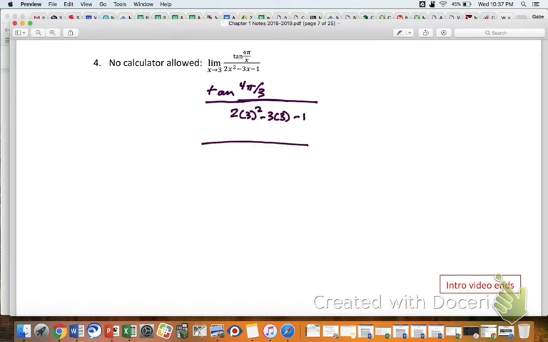Okay, so our denominator is going to be, what, 18 minus 9 minus 1. That's promising. We know that that's not 0, so that's good. And then tangent of 4 pi over 3, again, unit circle time. Tangent of 4 pi over 3 is square root of 3 over 1, so just square root of 3. So let's see, we end up with square root of 3 over 8. Works out pretty nicely. Okay, so numbers 3 and 4 were nicely behaved.